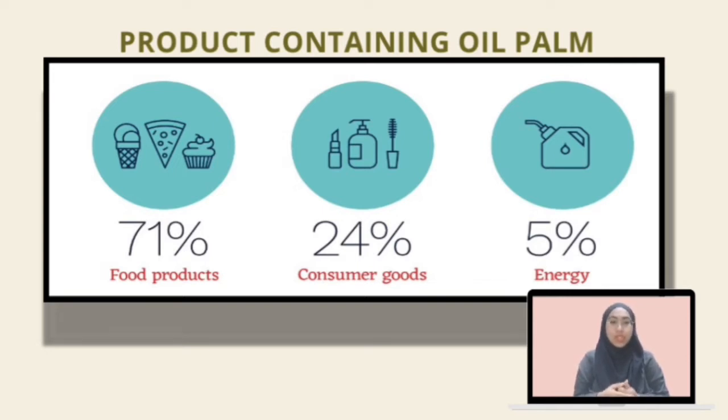Next, consumer goods can be cosmetics and also household cleaning. Cosmetics include soap, shampoo, conditioner, makeup, and others. Household cleaning includes detergent, dishwashing, laundry products, and so on. And lastly, energy, which is biofuel.